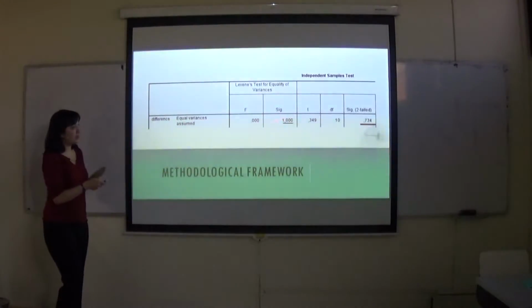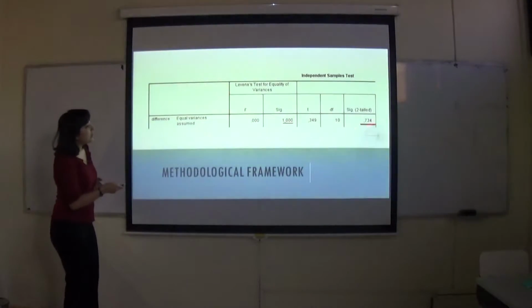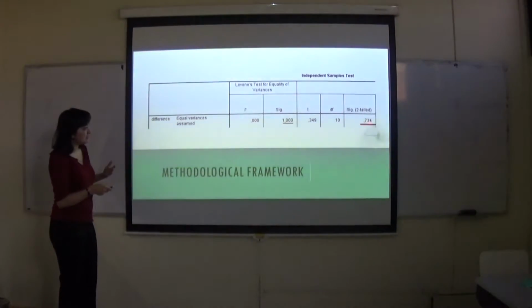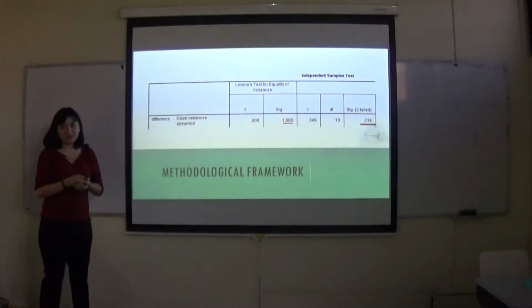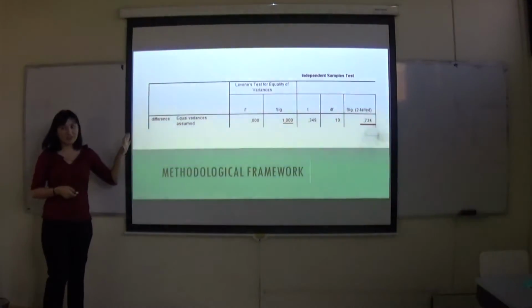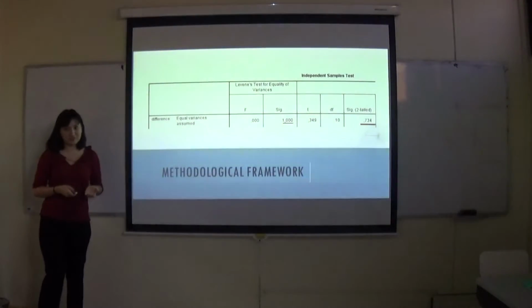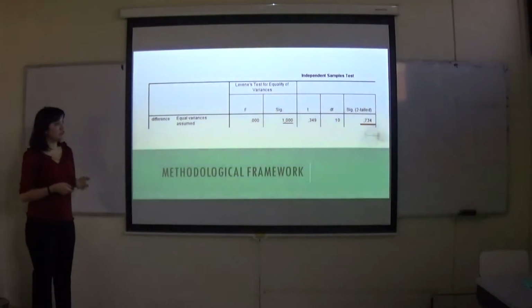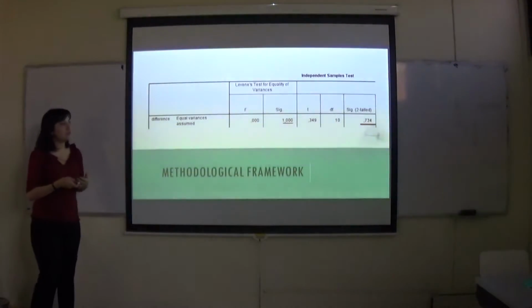But since this is greater, I have to use this. And the significance of means was this one. It was greater than 0.05. So from the t-test, the null hypothesis could not be rejected. That means that there was not a statistical significance for the use of translation in classes.